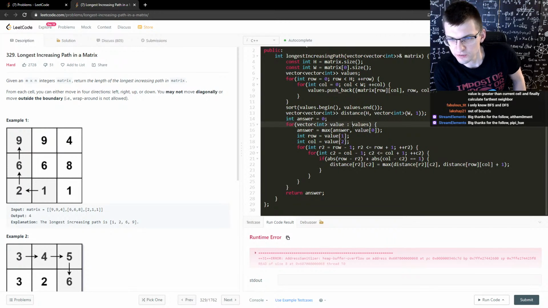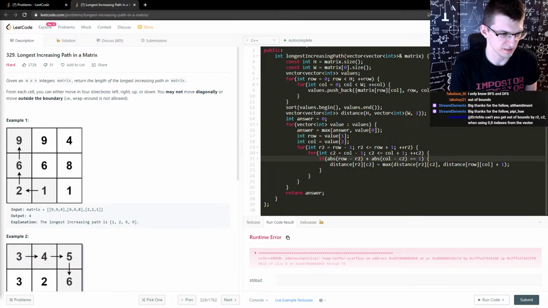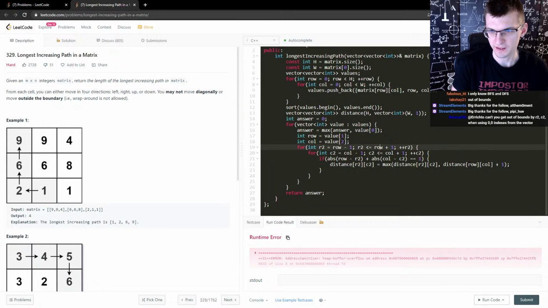So yeah, out of bounds. Oh yeah, when I go through neighbors, can't you get out of bounds? Yes, exactly what Detonat said. I need this, and I need R2 C2 to represent a cell within the grid.